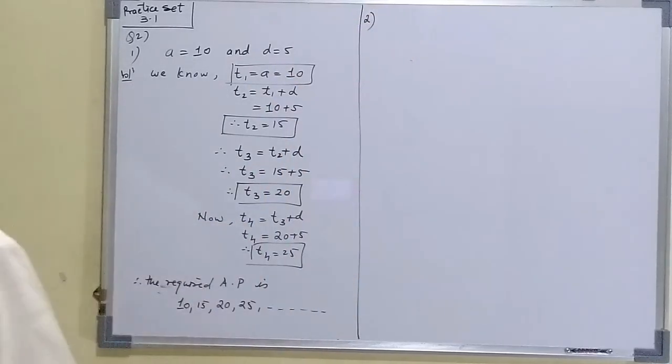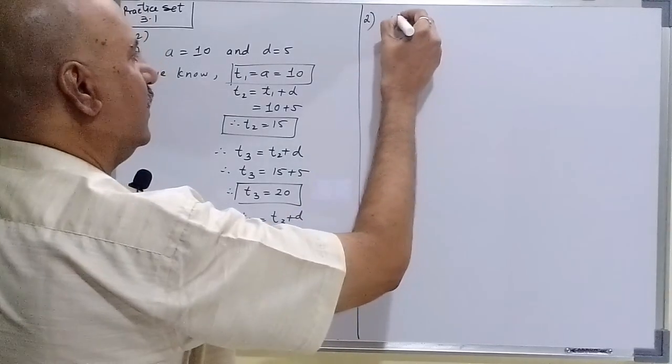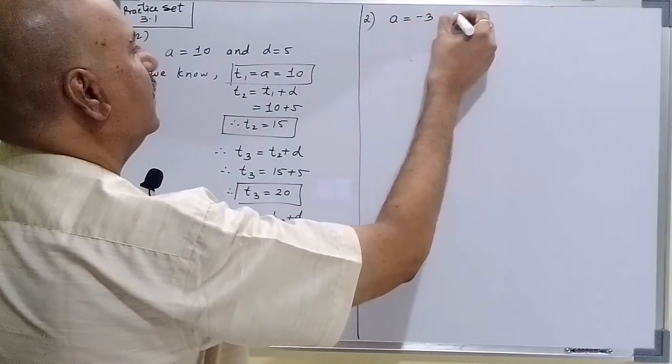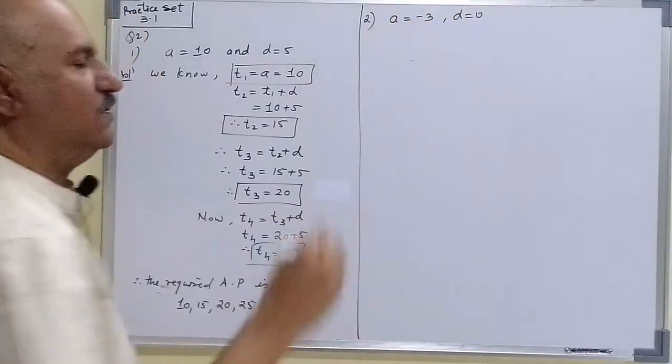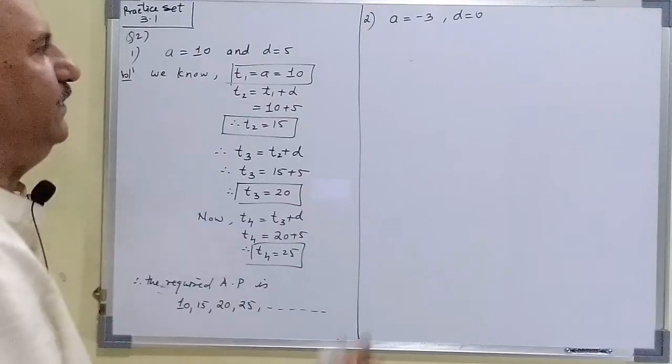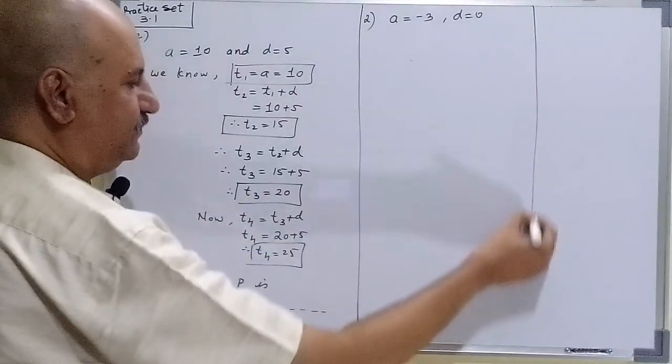In next question they say A is equal to minus 3 and D equal to 0. देखते हैं क्या होता है ये.